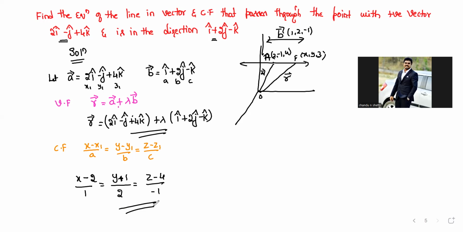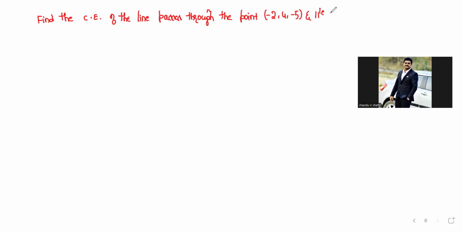Now the next problem, you should observe: find the Cartesian equation of the line that passes through the point (minus 2, 4, minus 5) and is parallel to the line given by (x plus 3) by 3 equal to (y minus 4) by 5 equal to (z plus 8) by 6.